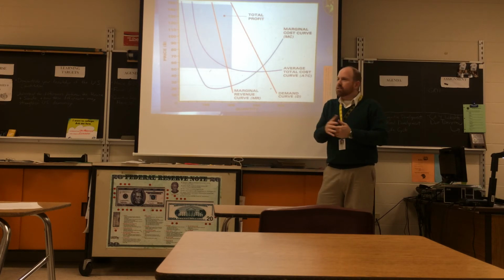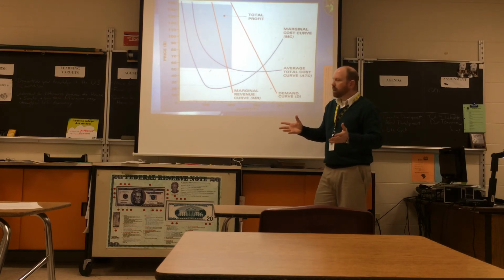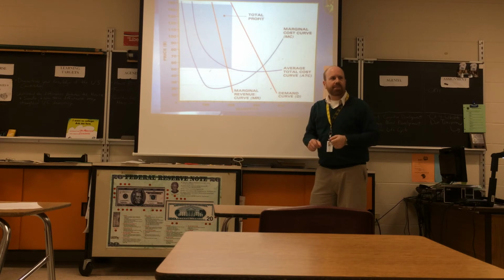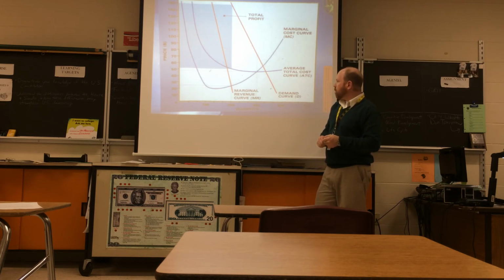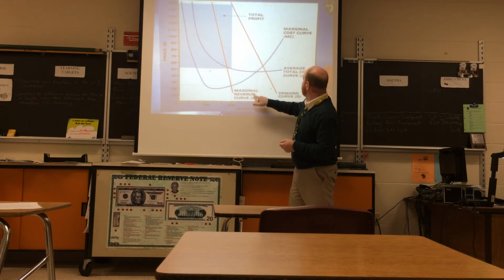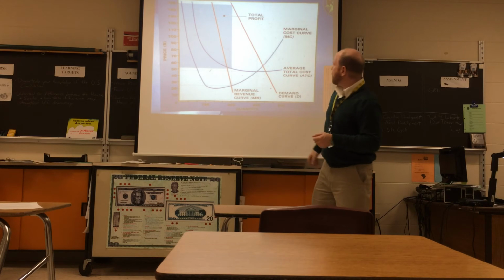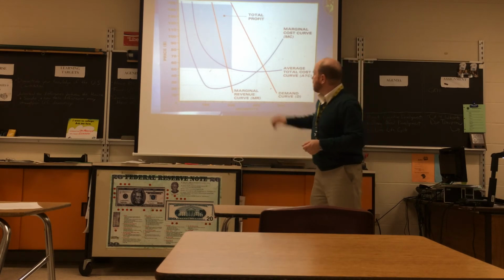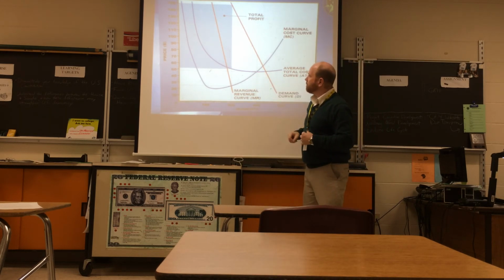Yeah, they get to make all the decisions. They're the monopoly. How about this? Would they make a profit at a quantity of 450? Yes. They actually would. At 450, it hits the demand curve right here at about $75 per unit. And then the average total cost is at 48.